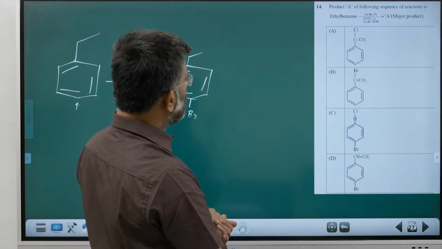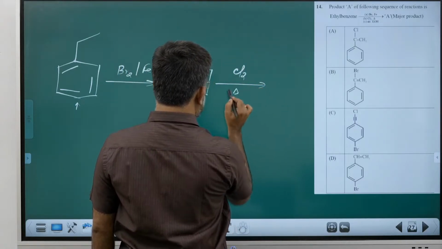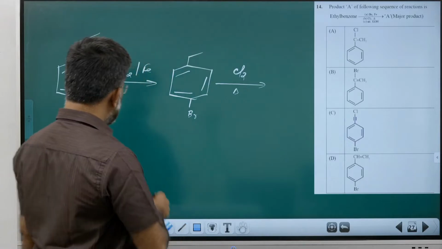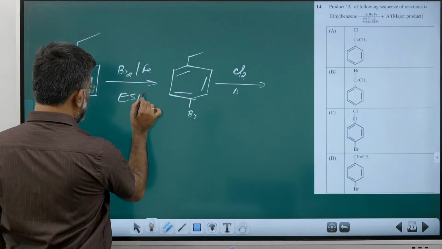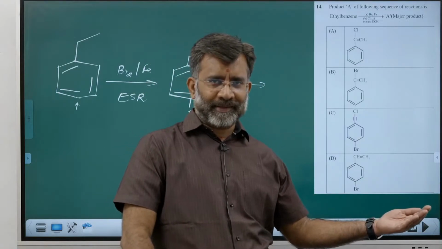Now it is treated with chlorine and heating. So the first reaction is electrophilic substitution reaction. Second reaction, what is the reaction?